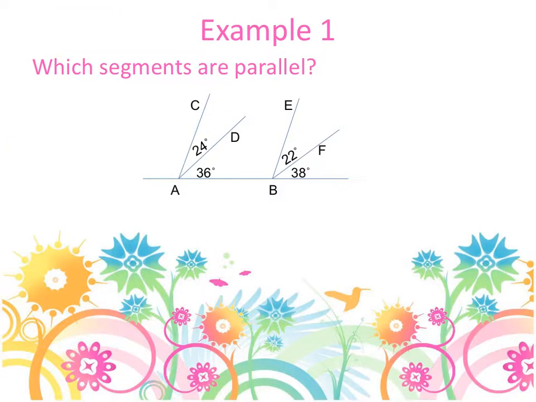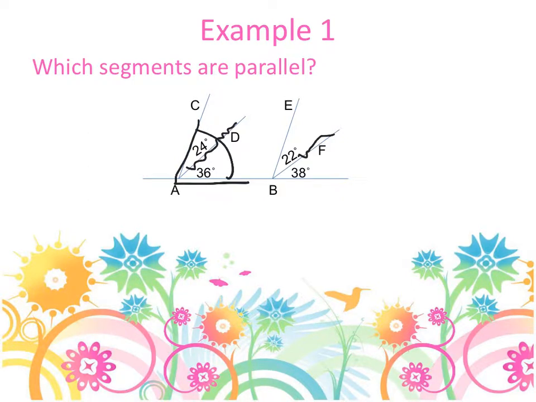So let's go ahead and see if we can figure out which segments, either AC, AD, BE, BF, are the parallel segments here. At first glance, I don't see any congruent angles. But what if I took away this separation and added these 2 angles and made this one big angle?